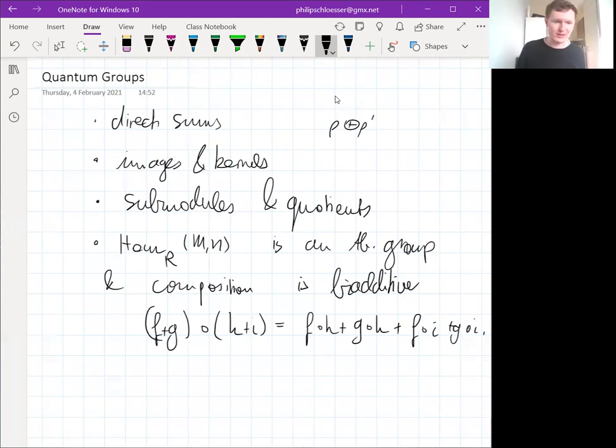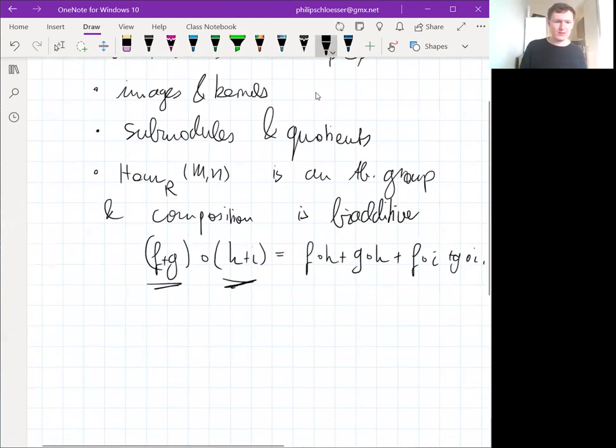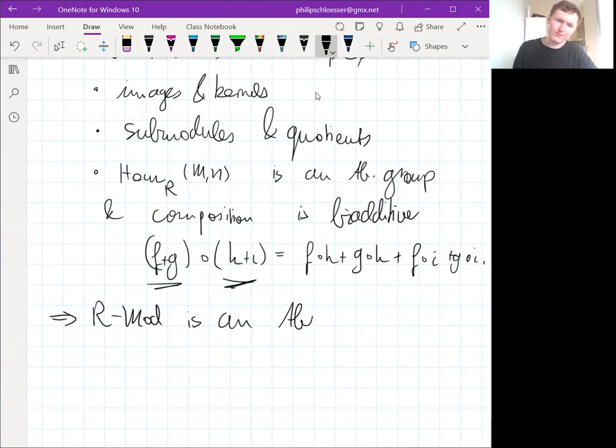So additive in both arguments. And this all makes the category of R modules, or of representations of the algebra R, into an abelian category.